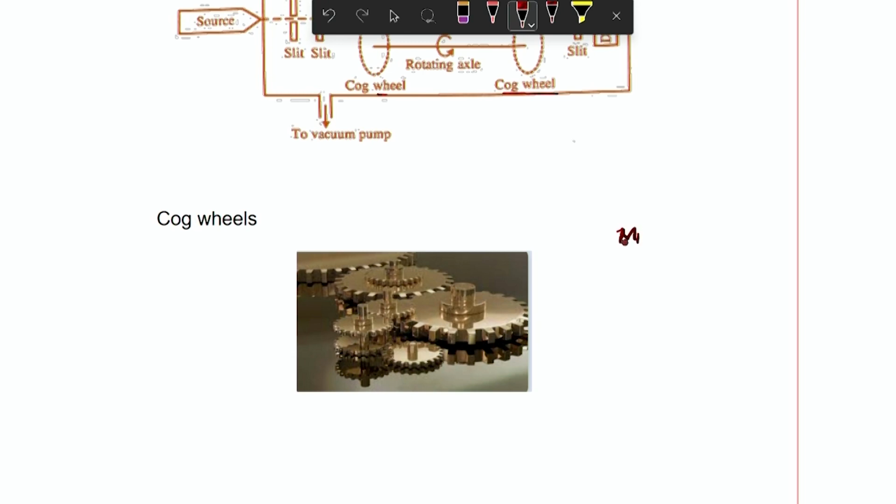There will be depressions, and if we give a beam of light, the beam of light can pass through the depressions. Once it comes over the raised part, the beam cannot pass through; instead it will get reflected back and retrace its path. Okay.